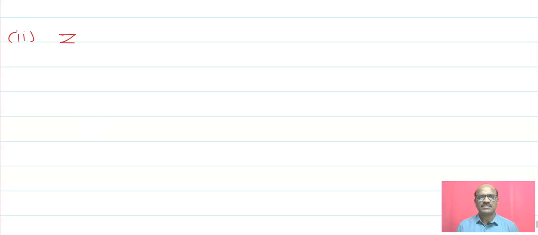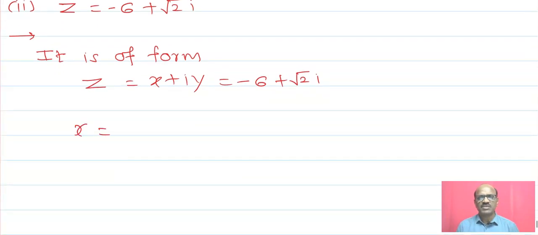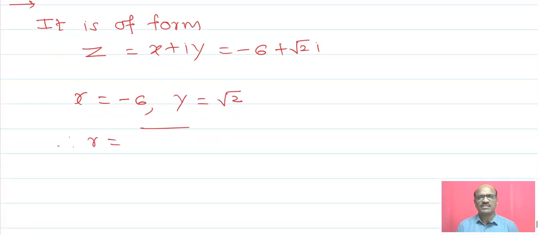Second, z is equals to minus 6 plus root 2i. It is of the form z is equals to x plus iy. The value of x is minus 6 and y is equals to root 2.